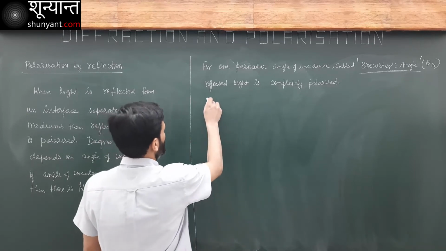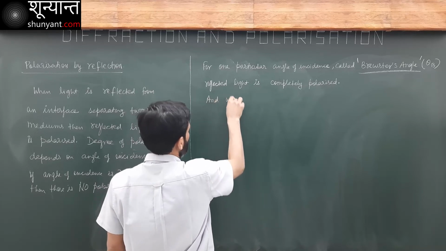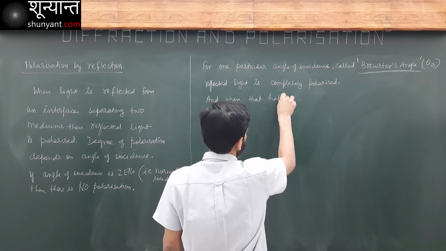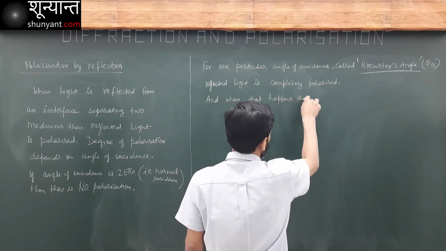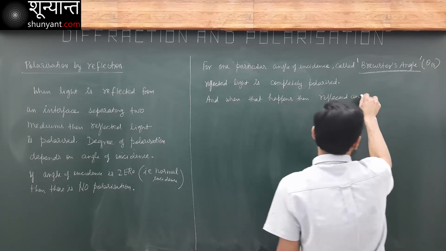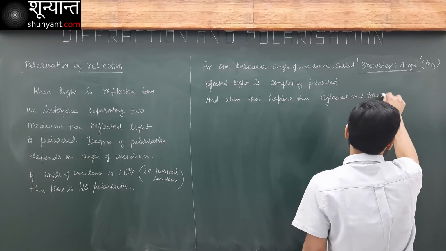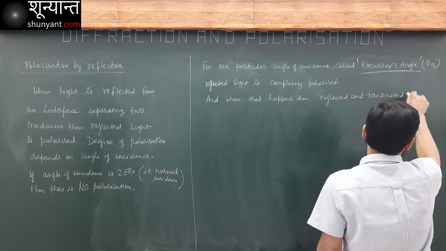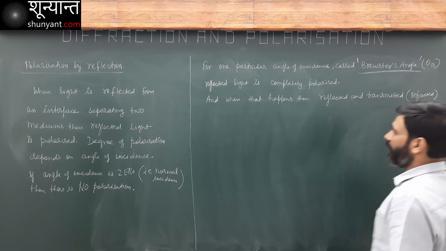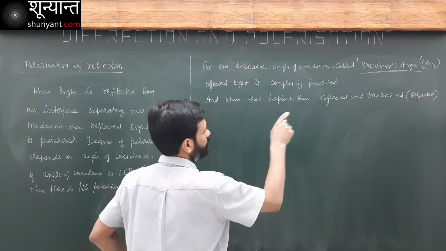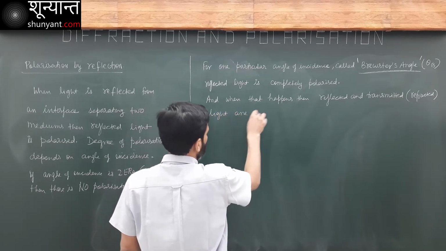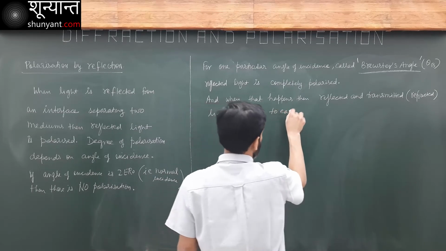And when that happens, then reflected and transmitted, meaning refracted, light are perpendicular to each other.